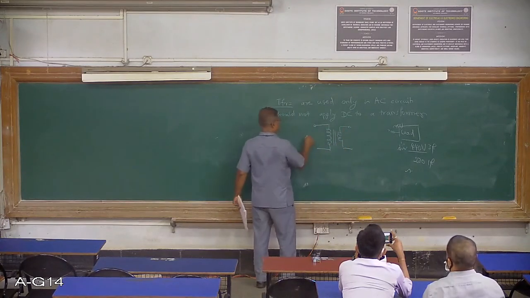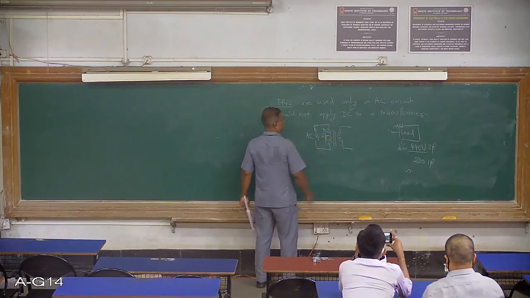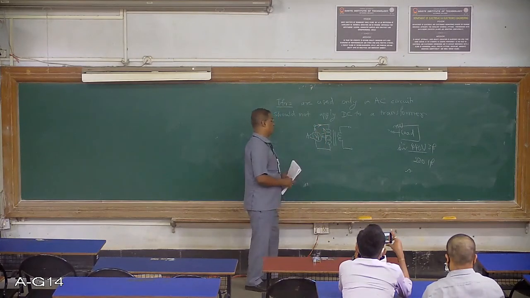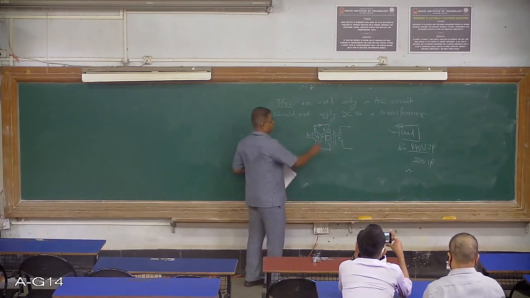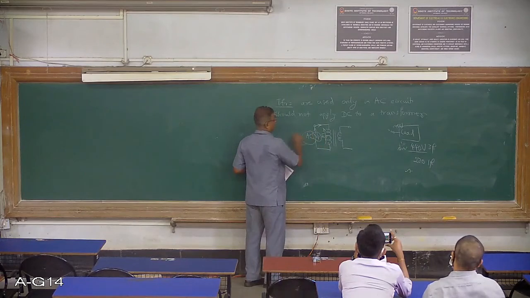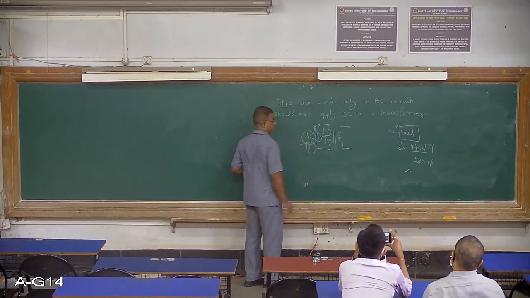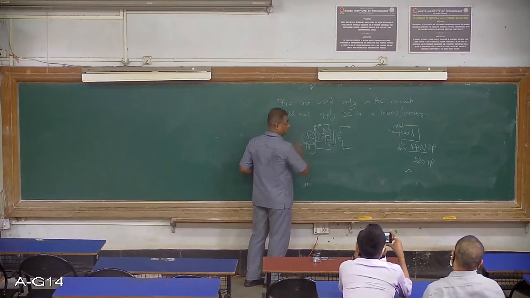if you apply AC supply, whenever you apply VP, there is production of self-induced EMF in the primary, which is opposite to VP. So the current drawn by the transformer will get limited automatically with AC supply because there is production of EP. EP is produced only when AC supply is given. If you give DC supply, there will be no change in flux linked with the primary.